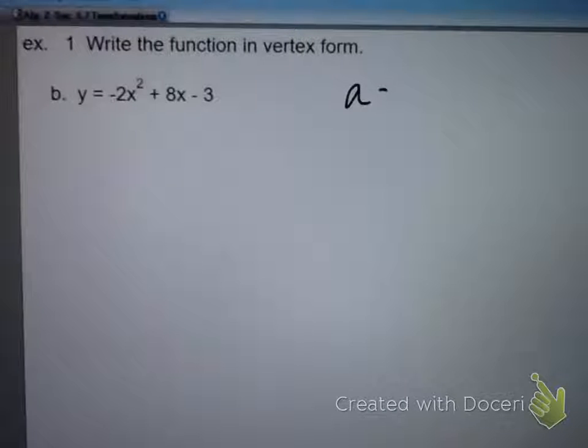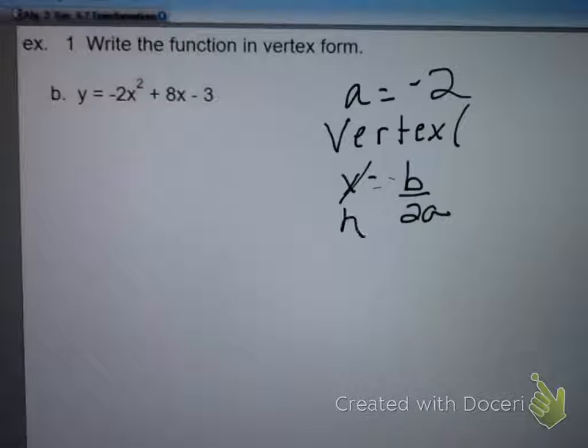Number 2, example 1b, we're going to identify a. A is negative 2. Let's find the vertex. Now, x is equal to negative b over 2a is the vertex, but we no longer call it x. We now call it h. So h is 2.